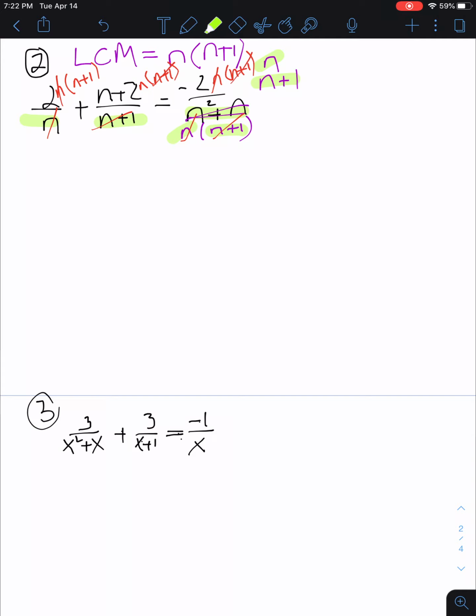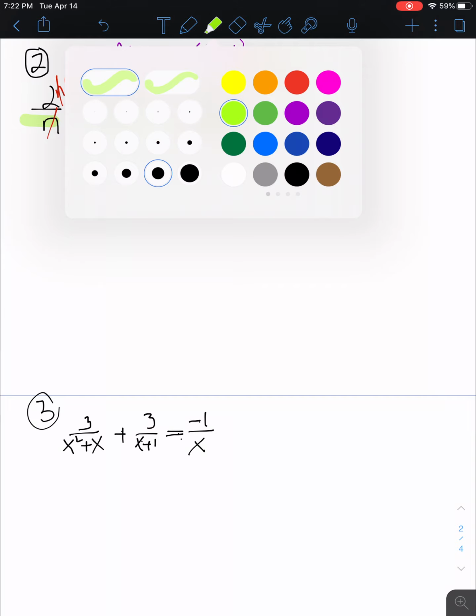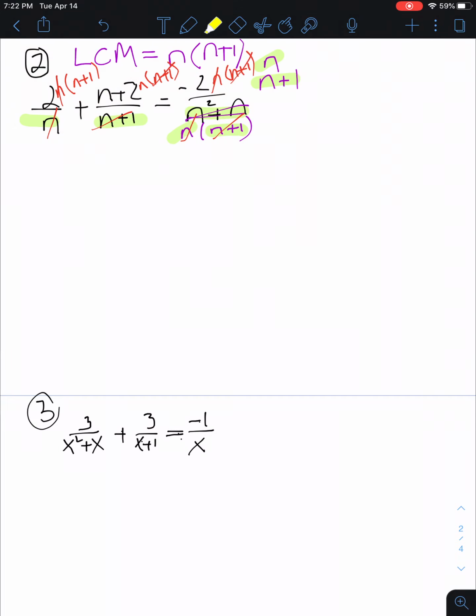What I'm left with then is, let's go to a yellow here, I would have a 2 times n plus 1. Let's go ahead and write that, n plus 1, for the first term. In the second term, I'm left with n times n plus 2.